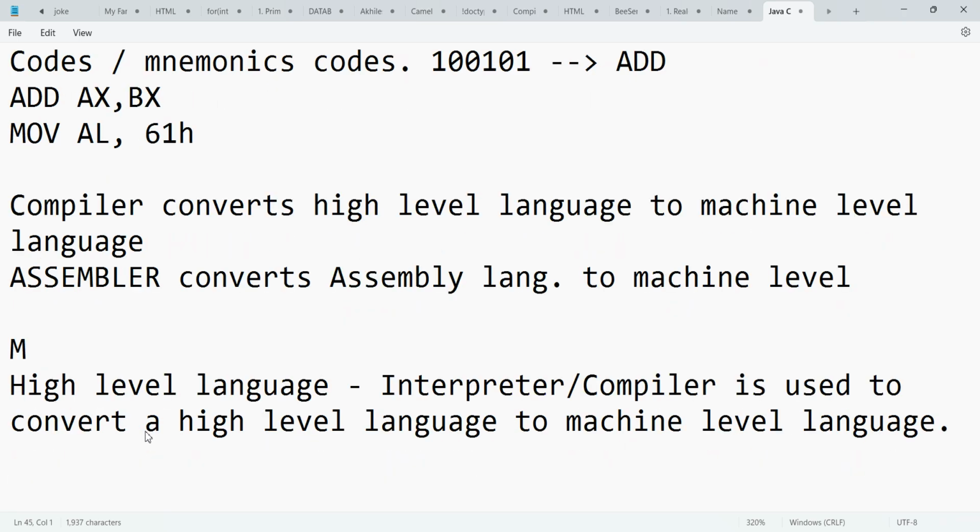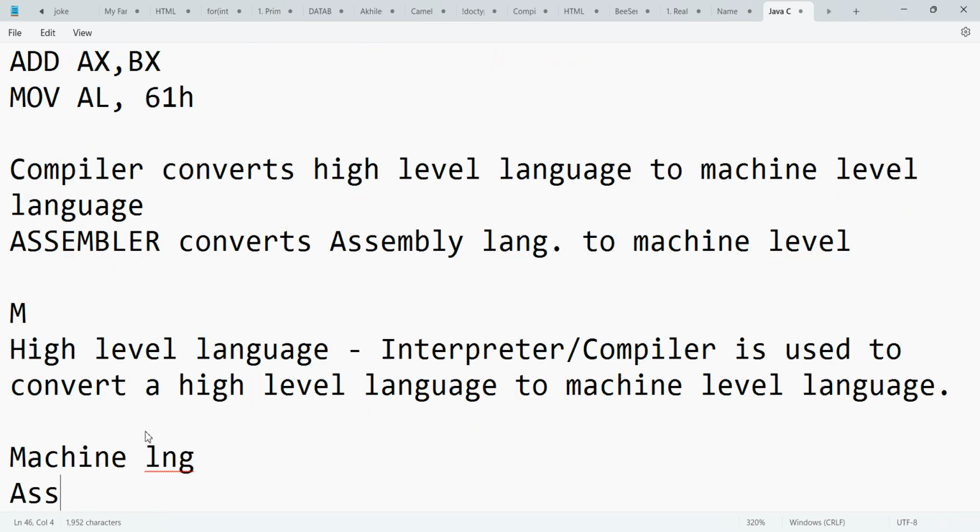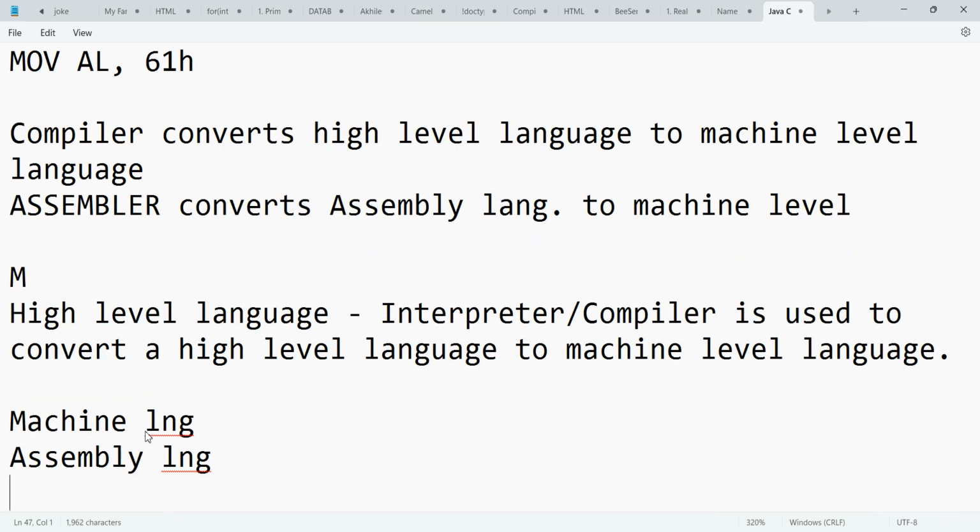Okay. So three different type of languages are machine language, assembly language, and high level language.